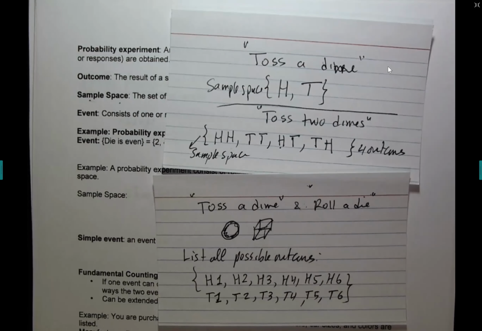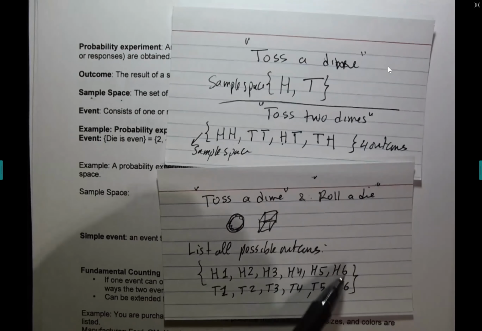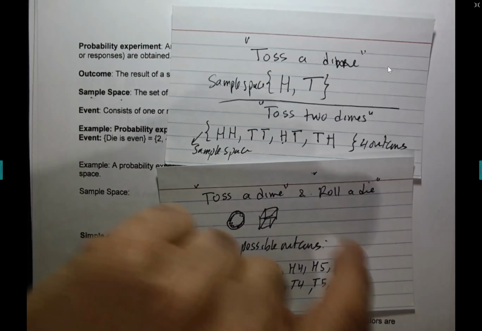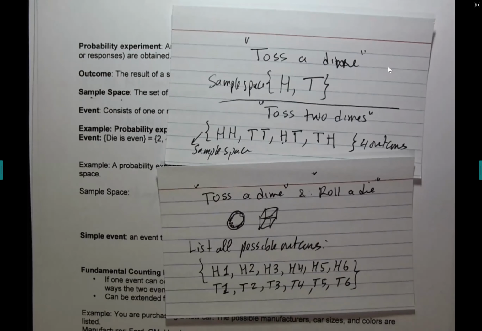You have 12 of them. 1, 2, 3, 4, 5, 6, 7, 8, 9, 10, 11, 12. You have 12 outcomes. Now, you would win if you get a head and a 6, for example, what's your chance of winning? It's 1 out of 12, guys, because there's only one head 6 out of the 12 outcomes. So your chance of winning will be 1 out of 12.